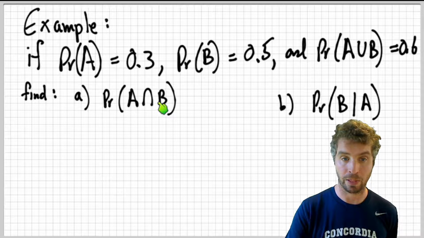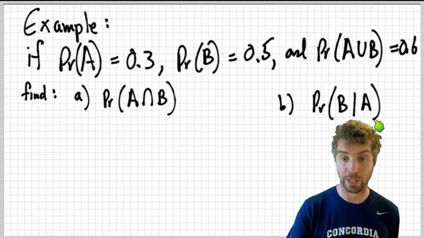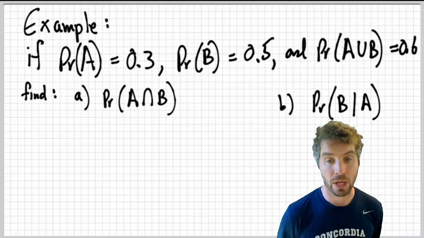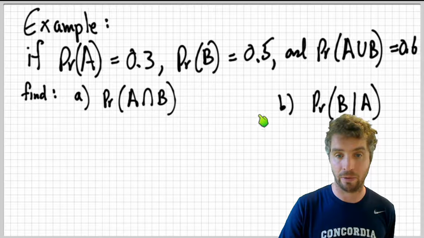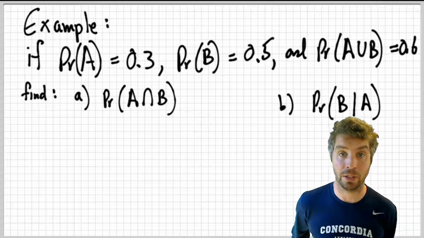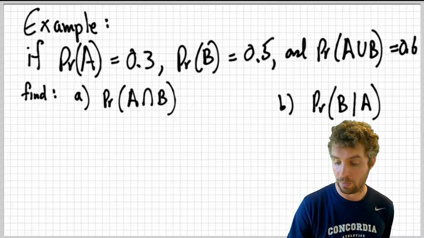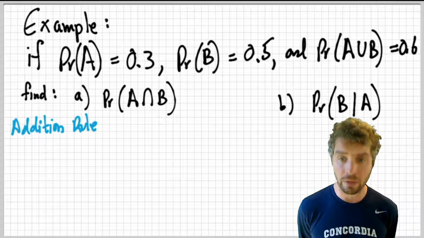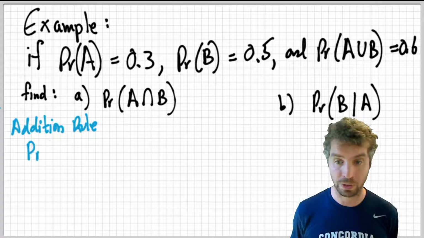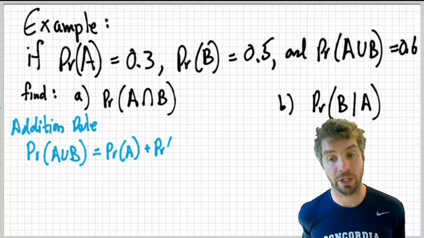This is the thing we plug into that formula that we learned on the previous page. So in this problem it says find this first. Well, you have to find that if you want to get the conditional probability here. So in order to find that intersection of A and B, we're going to use the addition rule, which again I've covered on a previous video, so check that out.